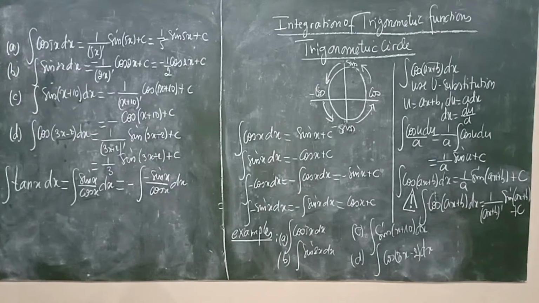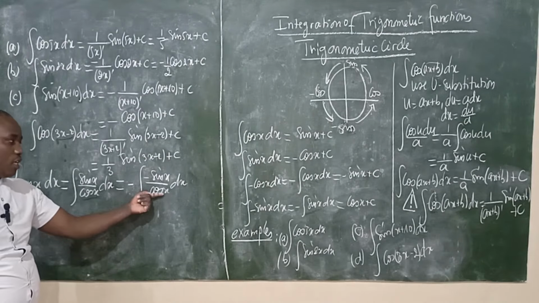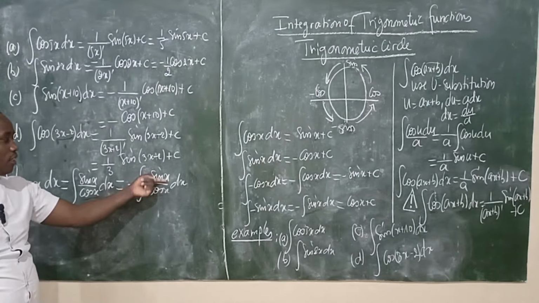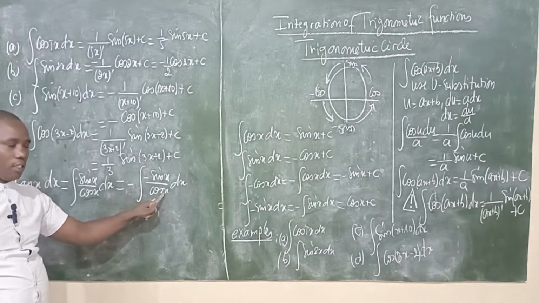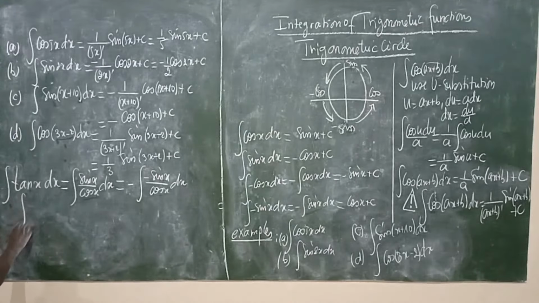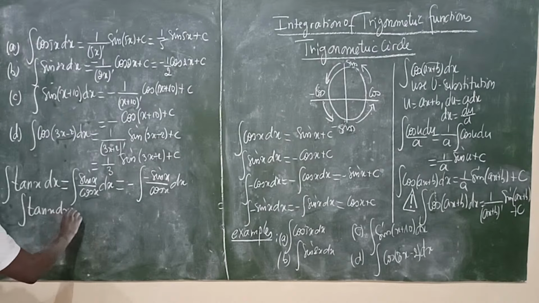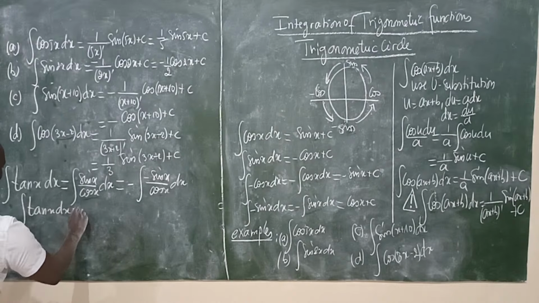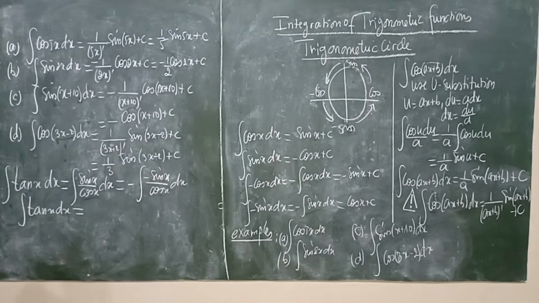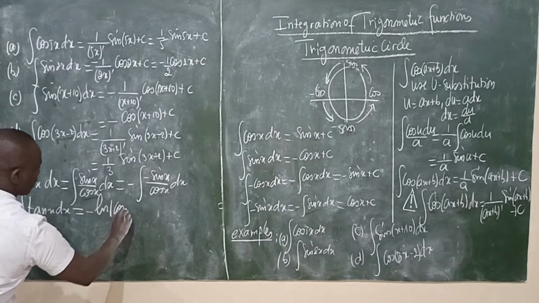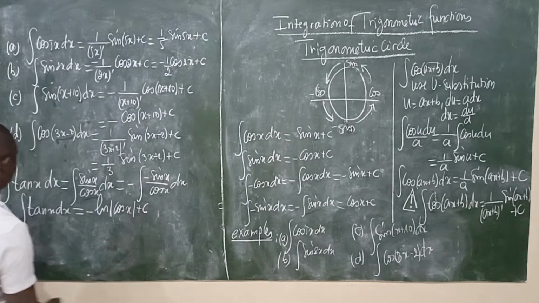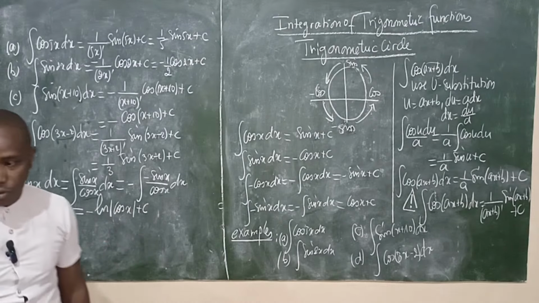Since the derivative of cosine gives minus sine, the integral will be given by the natural log of cosine. So the integral of tan x dx will be given by minus the natural log of cosine x plus the constant of integration.